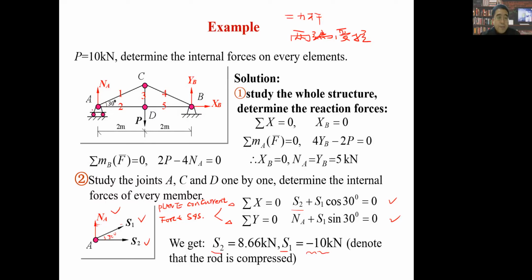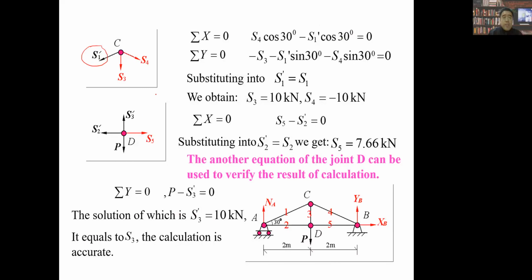Actually, it is pushed at the 2 points A and C. But it's okay. When we select joint C as the object, S1 prime also equals minus 10 kilonewtons. This is from the action and reaction forces point of view, right?